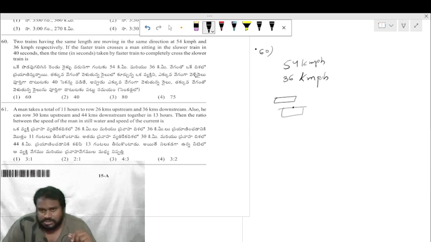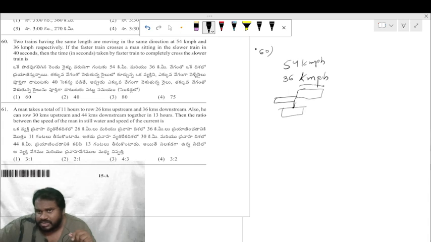See, this is the slow train and there is a man. This is the man. So the driver of this train sees that person at this point, and then once the train comes here, it is said to be crossed. When it comes here, how much distance has it traveled?